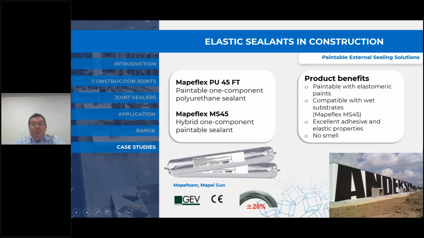So when we talk about paintable external sealing applications, we have a number of products that are suitable for that. Certainly the silicones cannot be used because silicones aren't paintable, but the polyurethanes, particularly the PU45FT because of its fast cure, and the Mapei MS45 and MS Crystal can be painted over very quickly and makes it suitable for lots of, I guess, time restraints on construction sites.